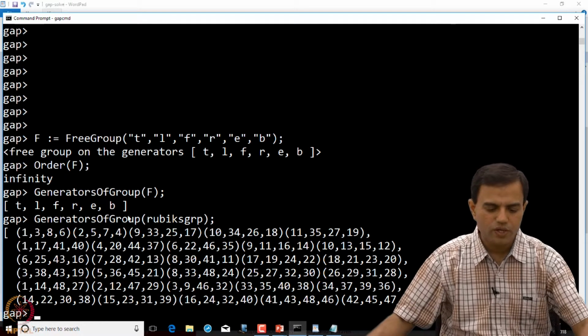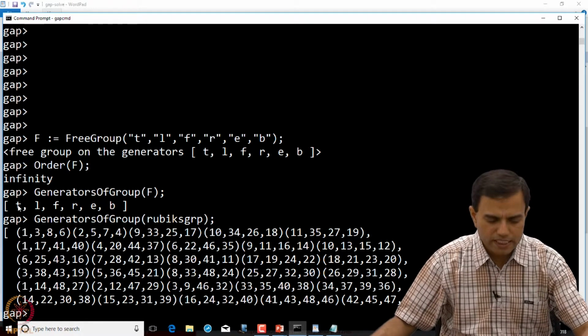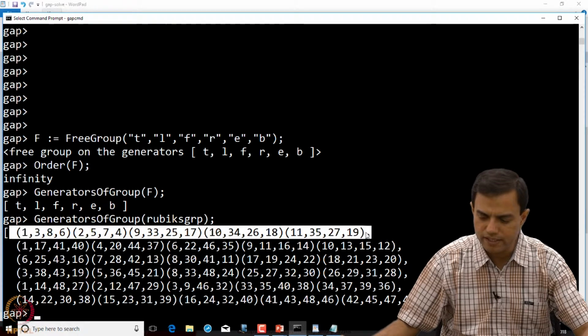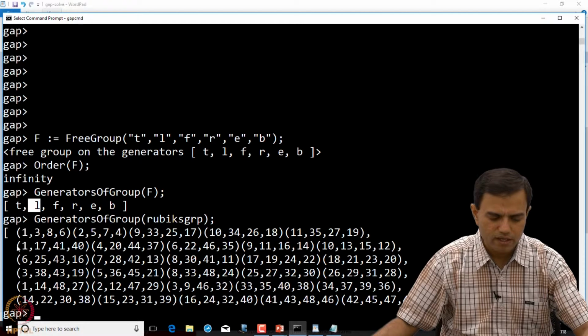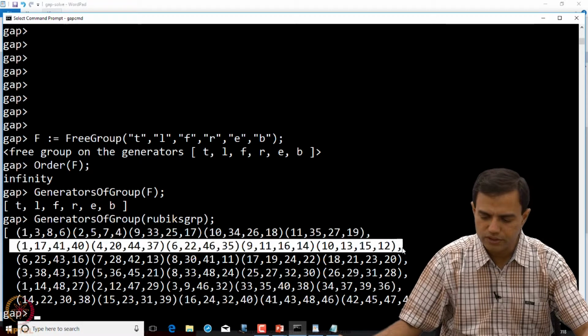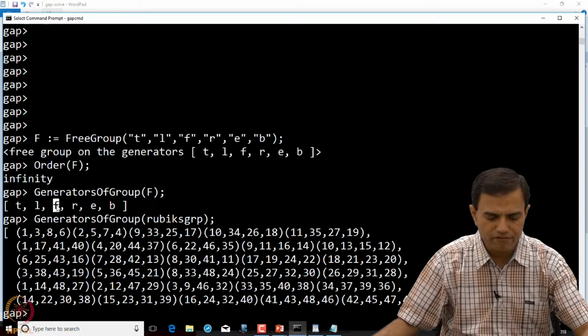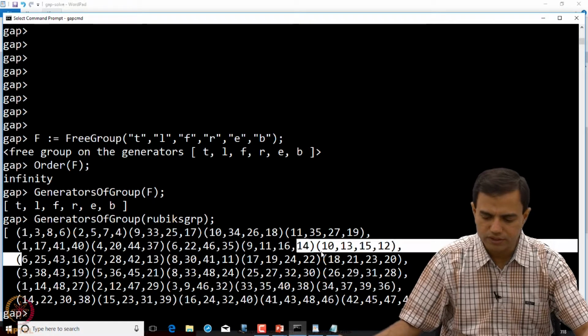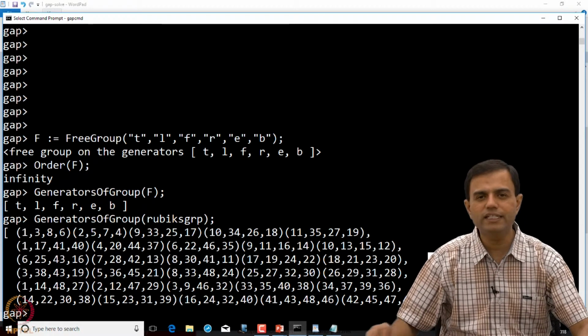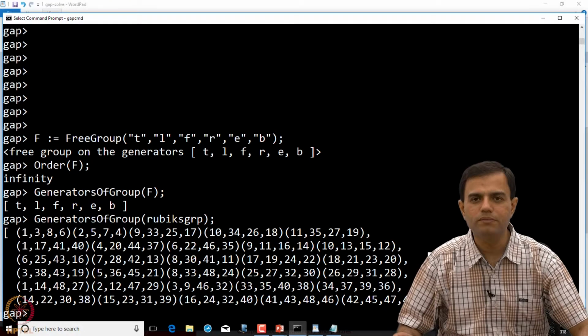So I will map T, which is an element of the free group, to this, then L to this, then F to this, and like that I will generate a homomorphism.